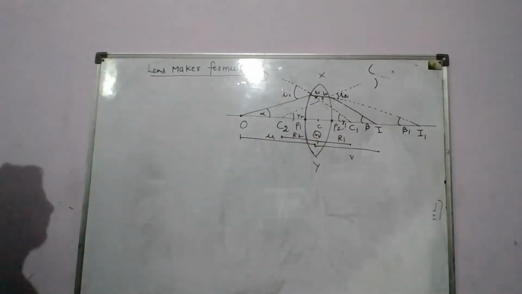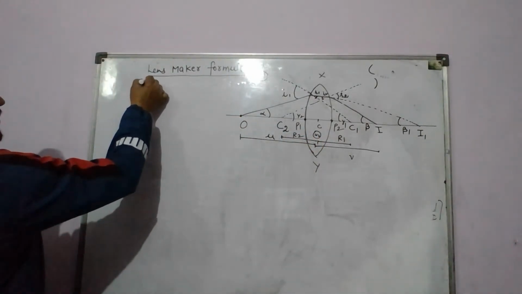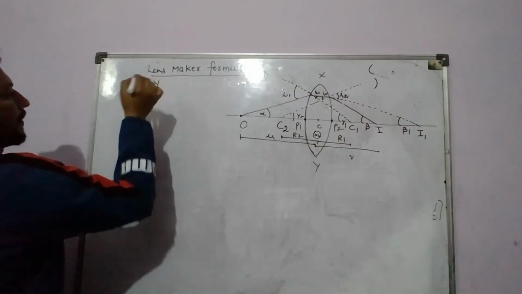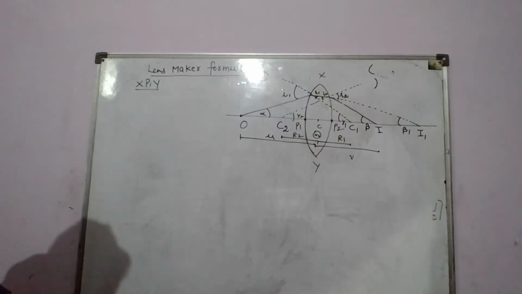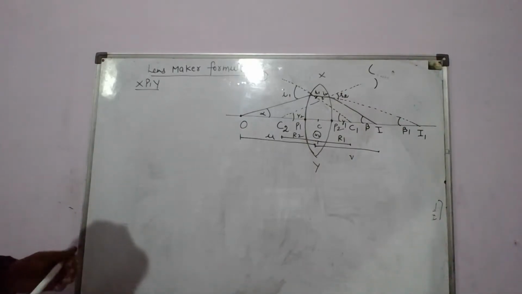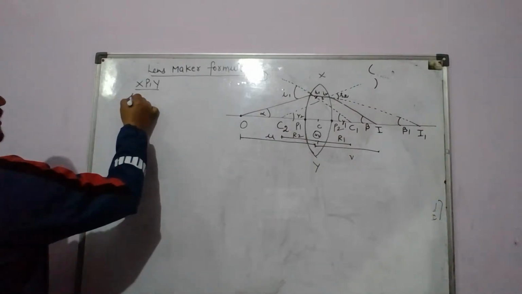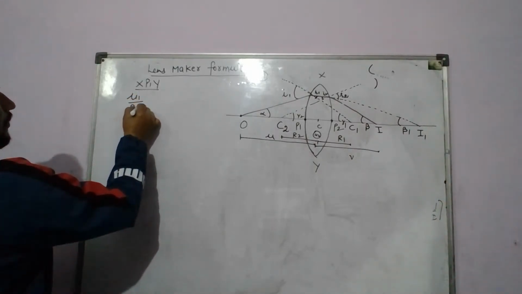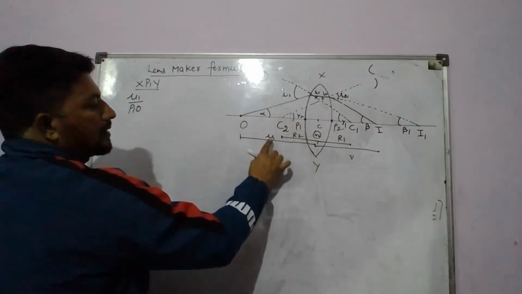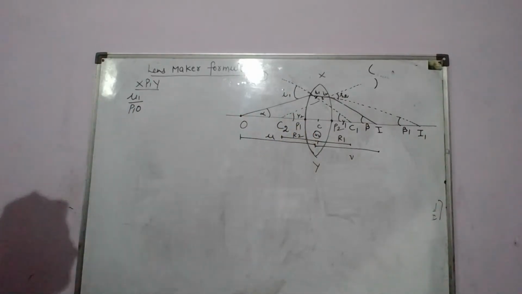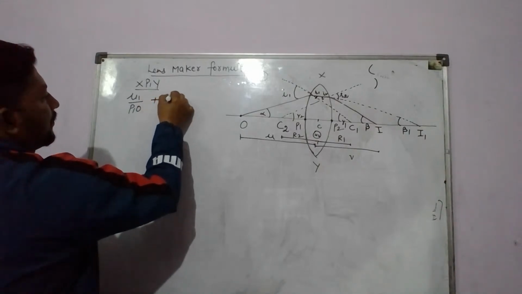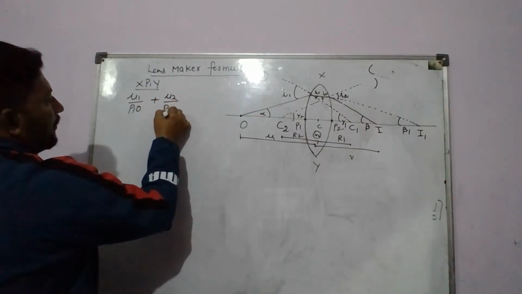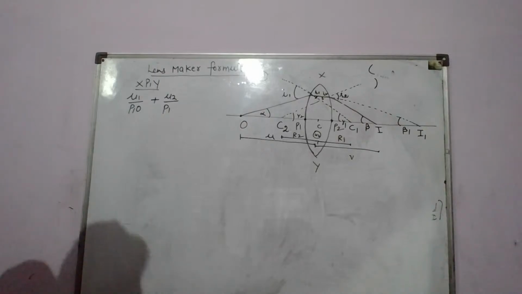So first of all we will find it for x P1, that is, the convex spherical surface. First of all you take the object: mu1 upon P1O. This is the object, like your mirror formula. After that you take the image plus mu2 upon P1I1. What is the image? That is I1.